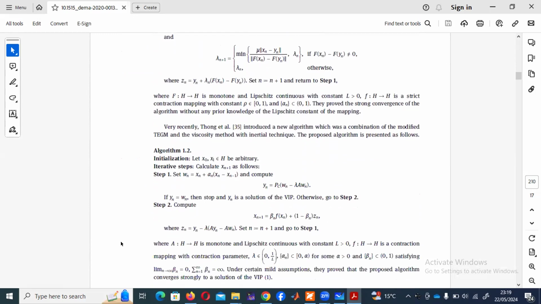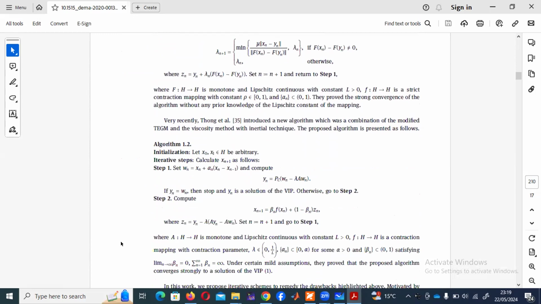Now, the same thing was done here in algorithm 1.2. But what they have done in 1.2 is that they have added another step, which is the inertial step. Anytime you see something like this, they call this inertia. So they have added inertia. Step 1 is inertia here, and yn, just like the other one, is still what yn should be.